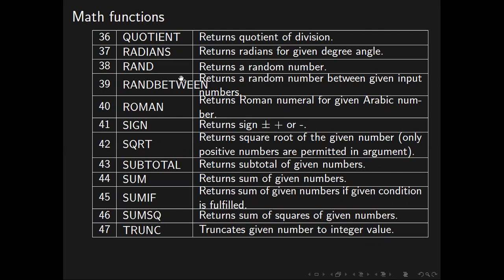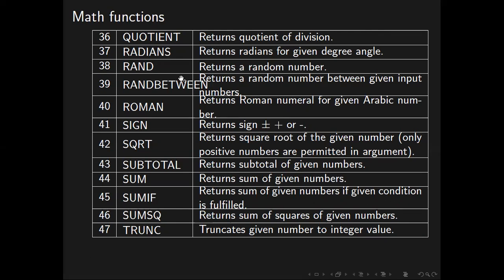Don't you remember the formula? You can take a look at it. The function for plotting sine and cosine waves. Okay, radians converts the given angle into radians, whereas degrees is the opposite of this. When you give radians as the input, it will convert the radians into the equivalent degree value.